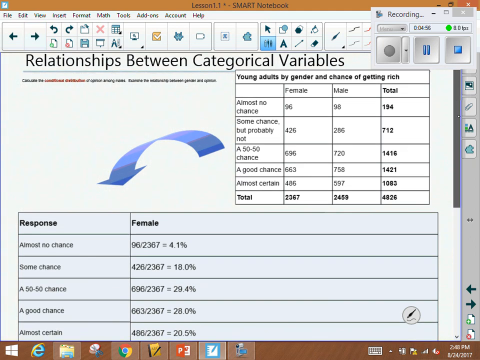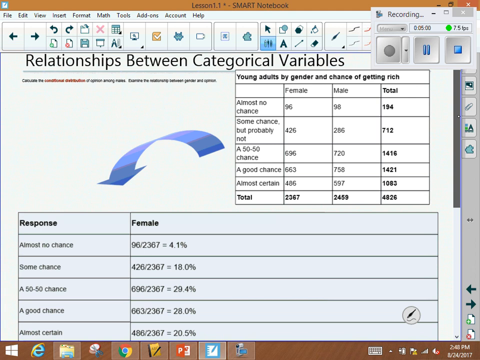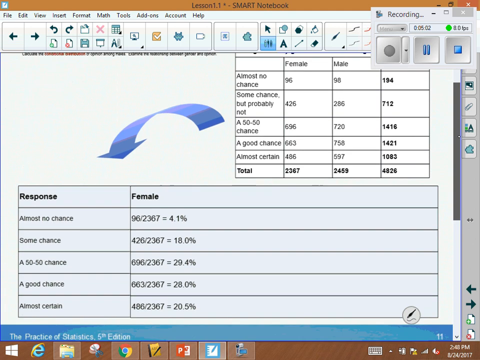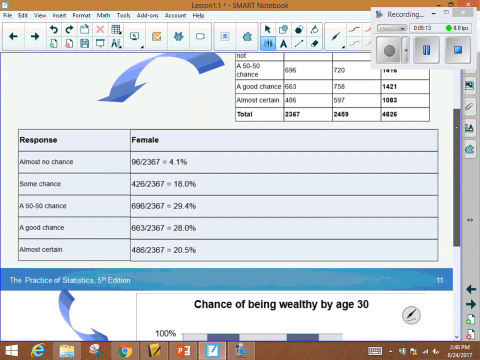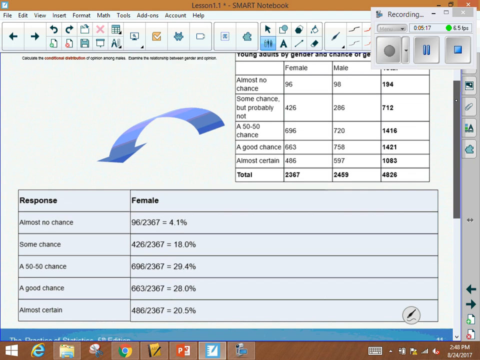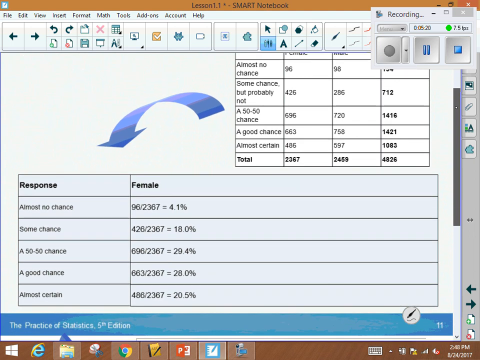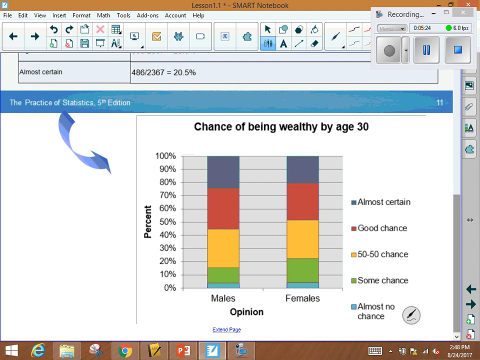Okay, the whole point was we're going to actually look at this conditional distribution, but we're looking at two different conditional distributions, and we're going to create a side-by-side graph of those percentages. And you can see where all of that comes from. I'm sure all of you would be able to do that quite easily if you needed to.